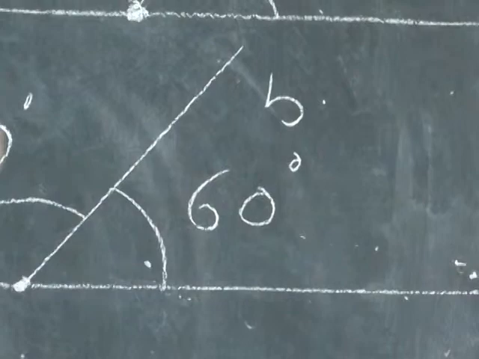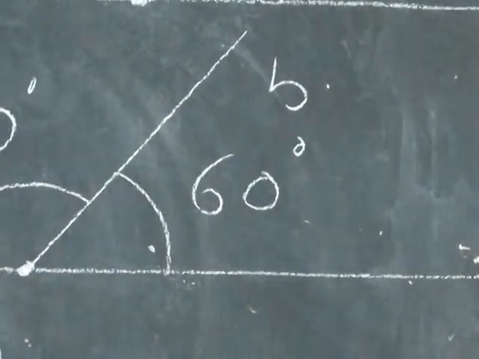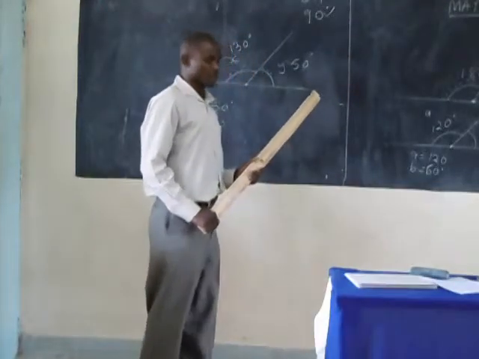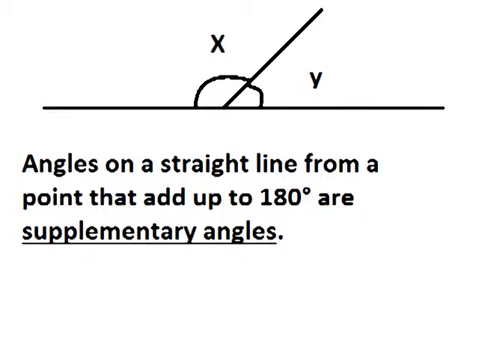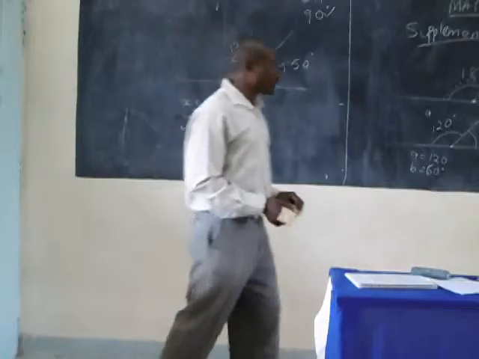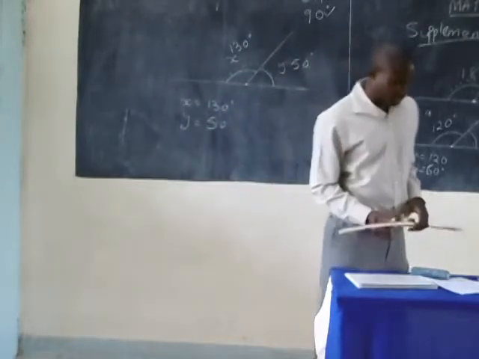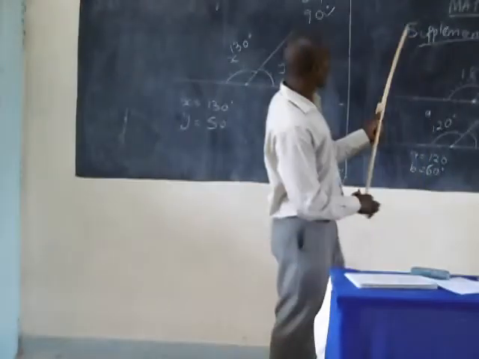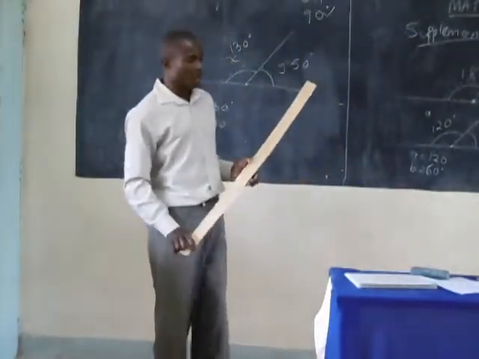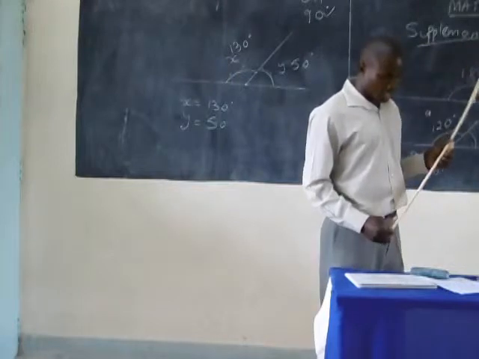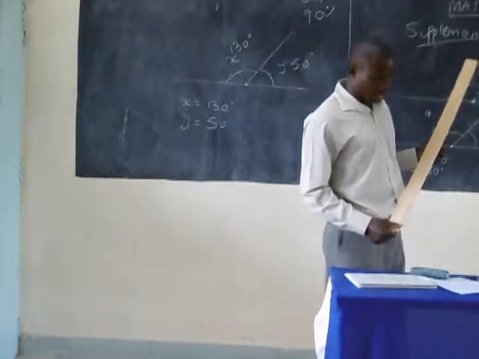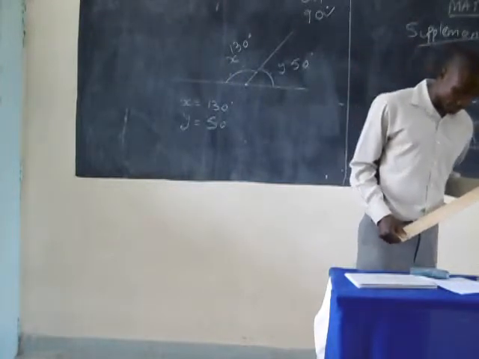How do you call these angles? These angles have their names, and their name is supplementary angles. What are these supplementary angles? These are angles that add up to 180 degrees.